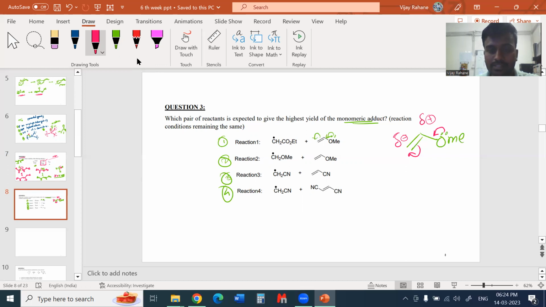So the second, both are the same. In this one, what happened? The polarization is getting reversed because of this electron withdrawing cyanide group. In this one, the direction of the localized bond pair will be from the double bond to the cyano group. So the electropositive charge will be here and the electronegative charge will be here, right?